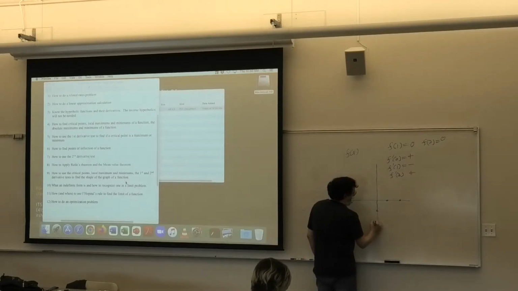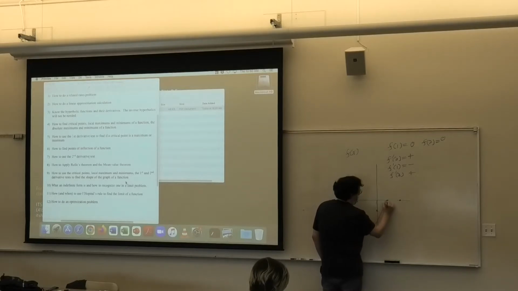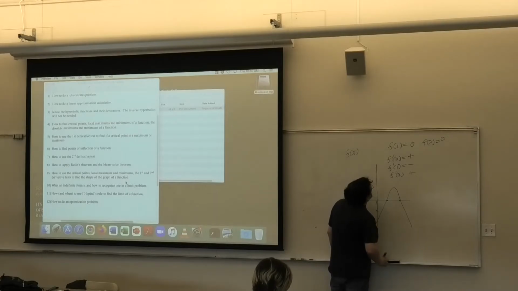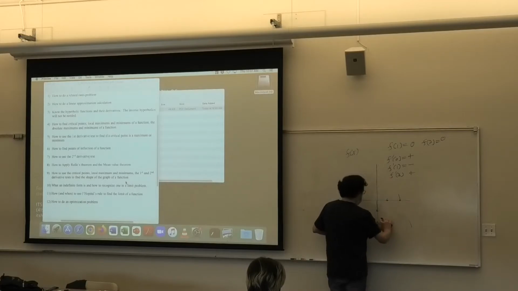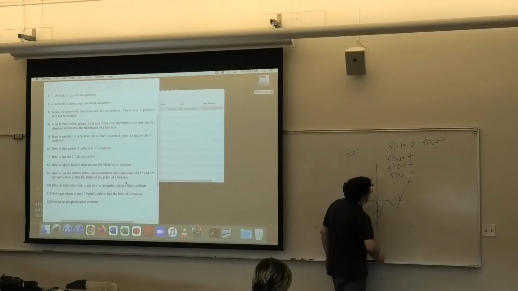So now I know that the function kind of goes up and then comes down. Wait a minute, that's not right. Here it's increasing. Oh, here it's decreasing, and then at 3 it's increasing. I guess that's it.